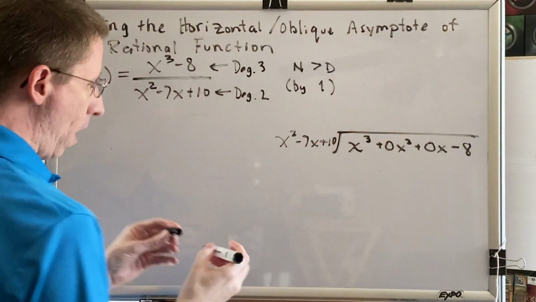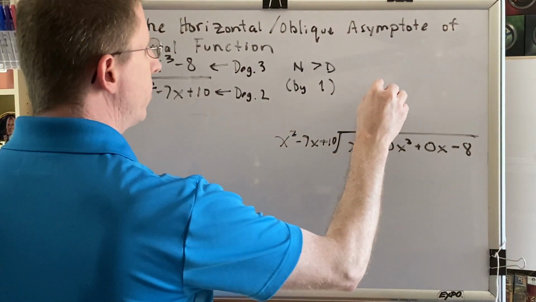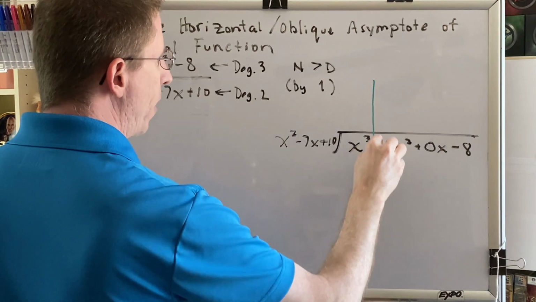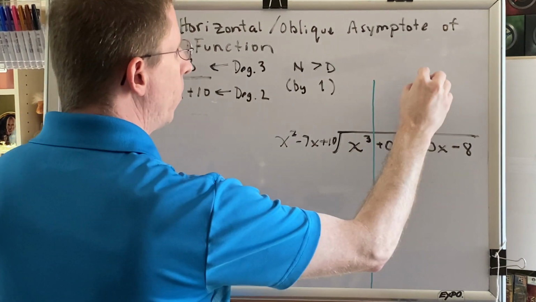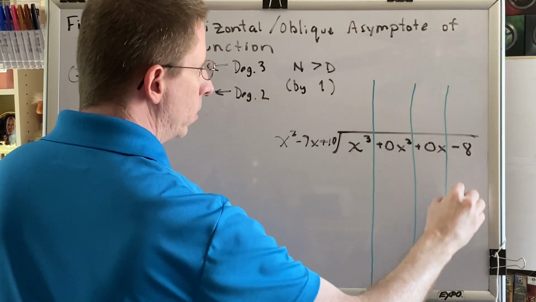Whenever you perform polynomial long division, you should always create your columns before you start the process. So just to the left of the add or subtract signs, we're going to put these vertical lines, which will create our columns for our problem.